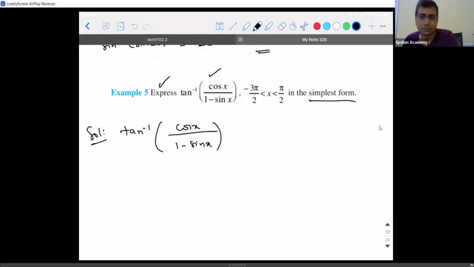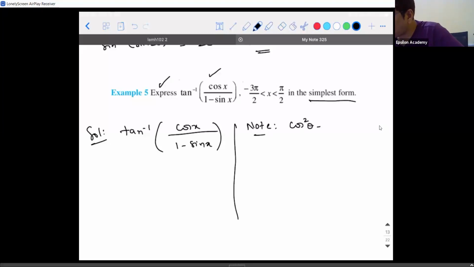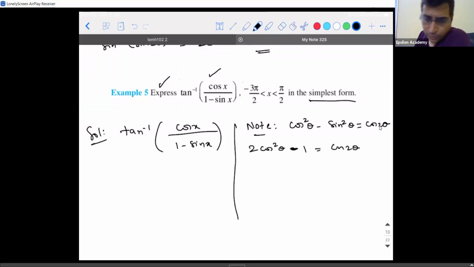Again, make an important note here. We know this identity: cos square theta minus sin square theta is nothing but cos 2 theta. Similarly, 2 cos square theta minus 1 is cos 2 theta. I hope everybody knows this. Similarly, 1 minus 2 sin square theta is equal to cos 2 theta.